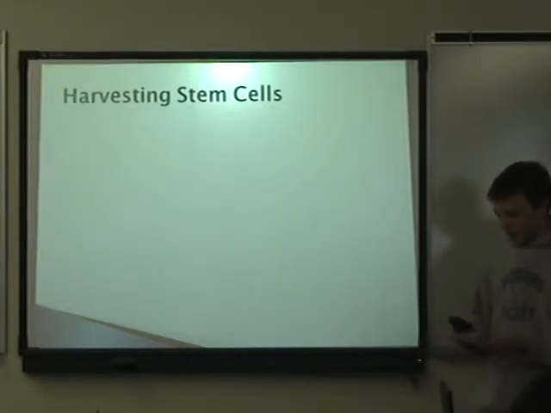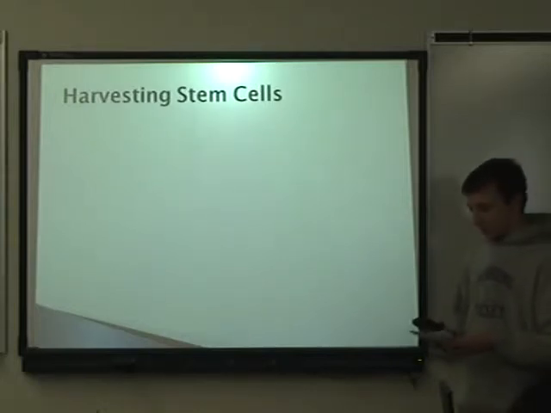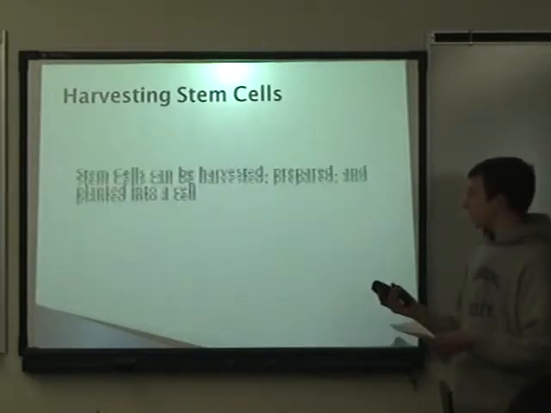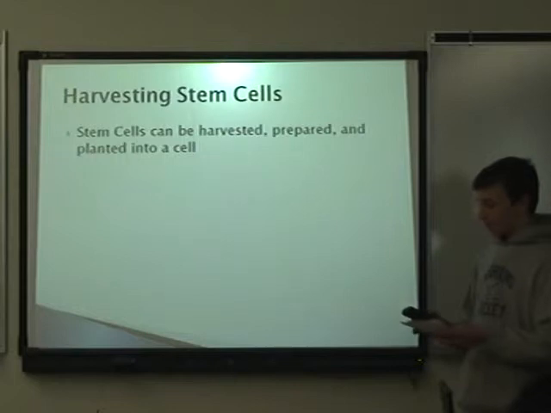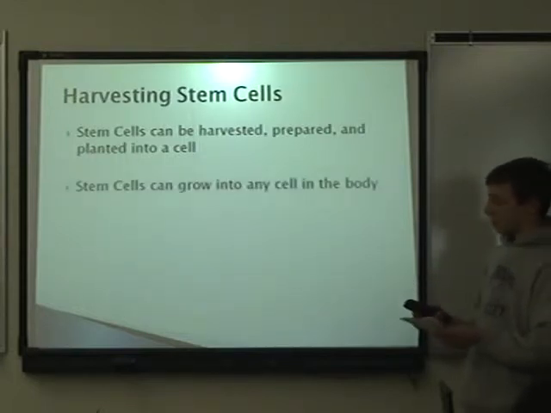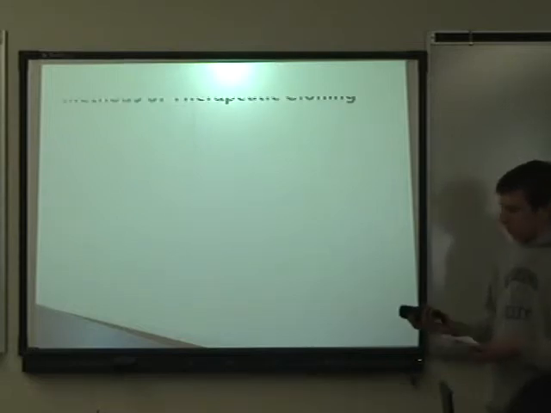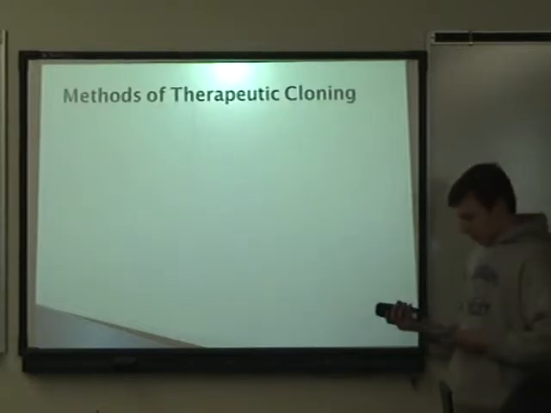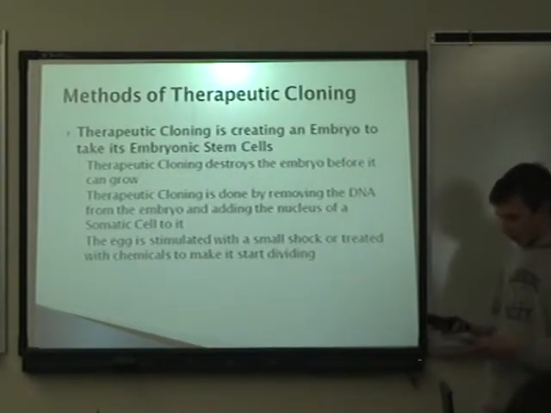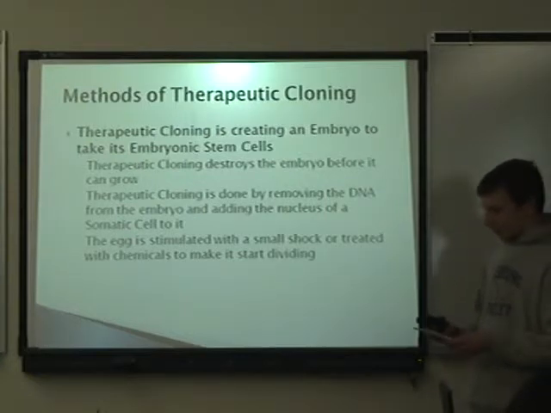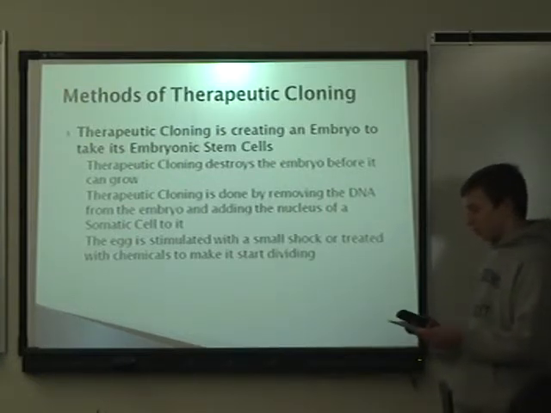Harvesting stem cells. Stem cells can be harvested, prepared, and implanted into a cell. And like I said before, they can go into any cell in the body. One of the methods of therapeutic cloning is creating an embryo to take embryonic cells. It destroys the embryo before it can grow.